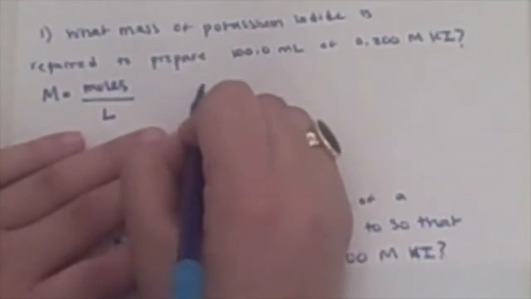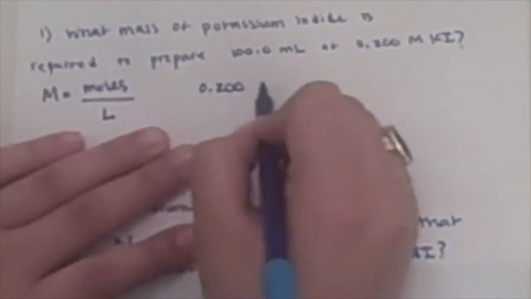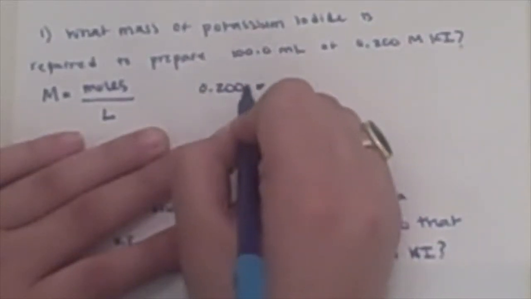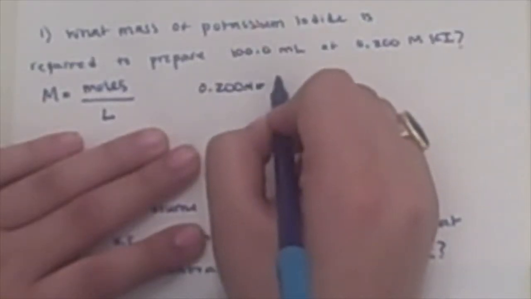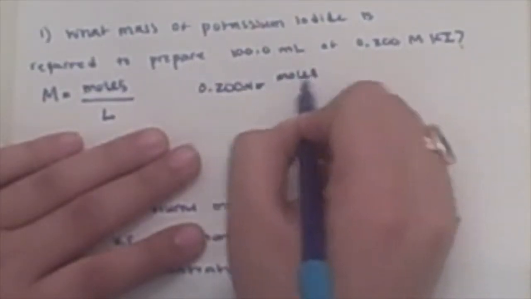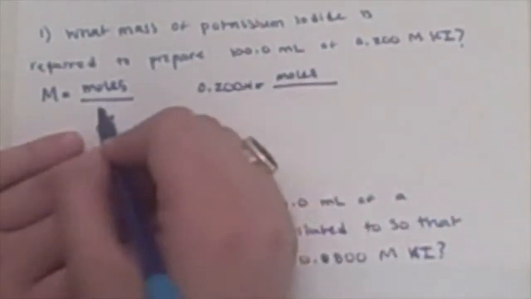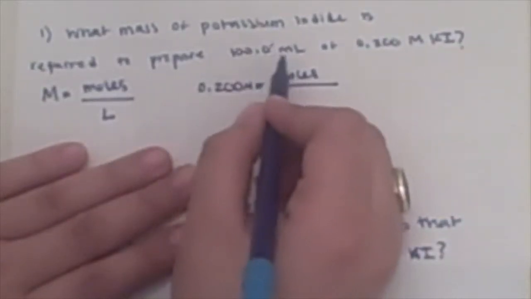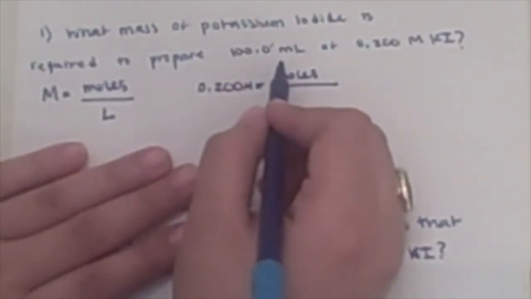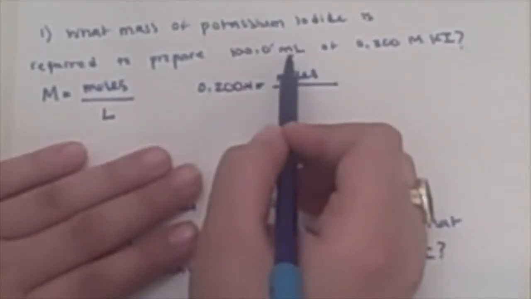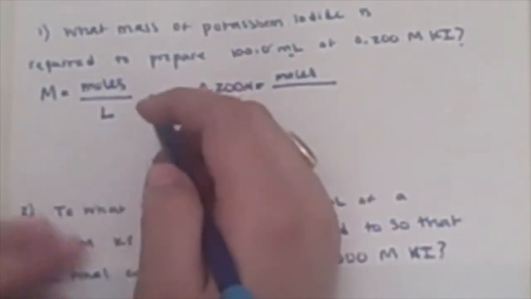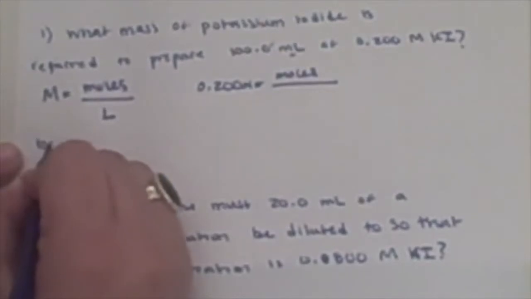Since we know molarity is 0.2, we're going to be finding out our moles, and they have given us milliliters already. So here we have to convert our milliliters to liters.